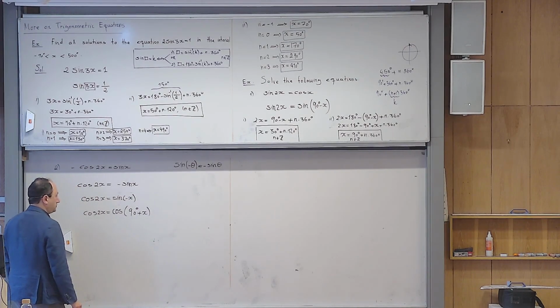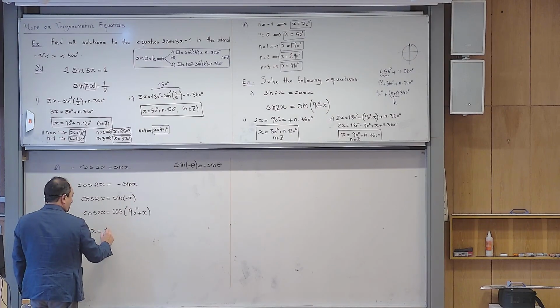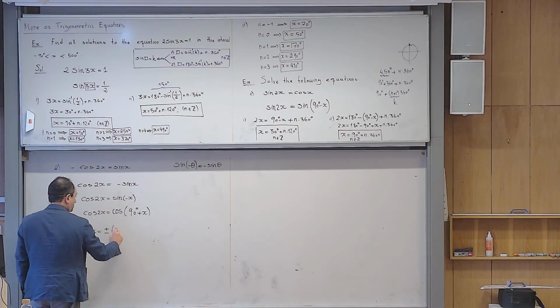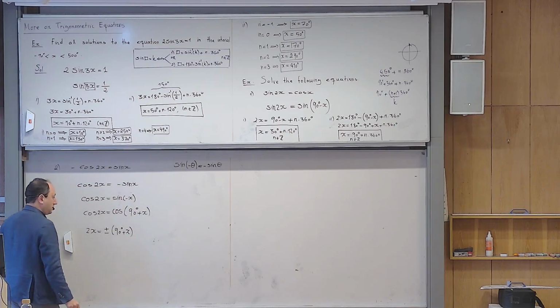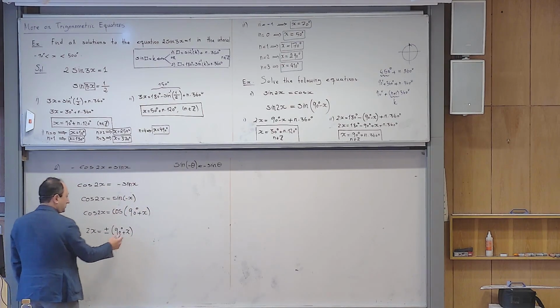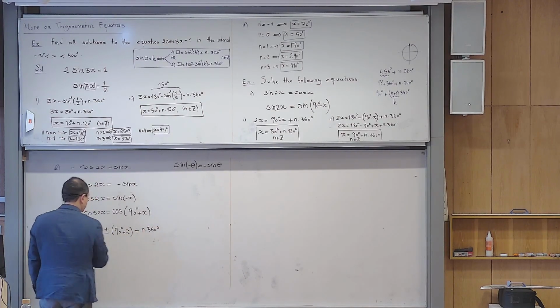So do you remember what was the formula? If I have two cosines equal, then the one on the left is plus or minus the one on the right, plus n times 360. So either you have to think every time or you have to have it in your memory.